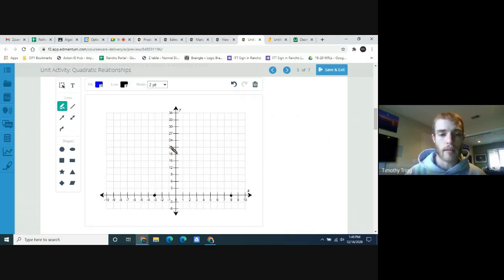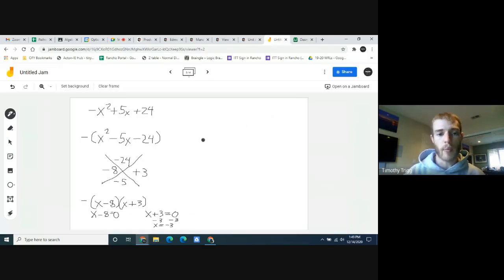Now we need to find the y-intercept. The way we find the y-intercept is we take this same thing and we replace the x with 0. So anytime you want to find the y-intercept, you just replace the x's with 0. So in this equation, it's going to be -0 squared plus 5 times 0 plus 24.